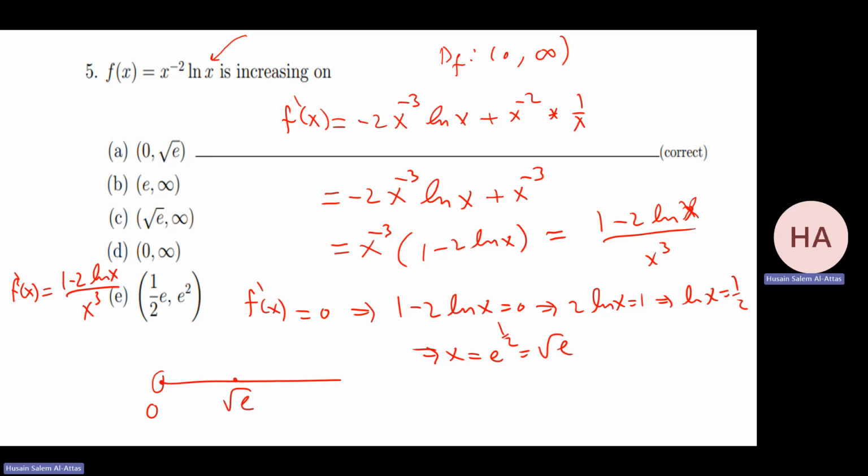I take 1, for example. 1 is less than square root of e. Take 1, what will you get? 1 over 1, so that will be positive. But after square root of e, I will take what? e, for example. It will be what? 1 minus 2, negative, over, so that will be negative. So it's increasing from 0 up to square root of e.